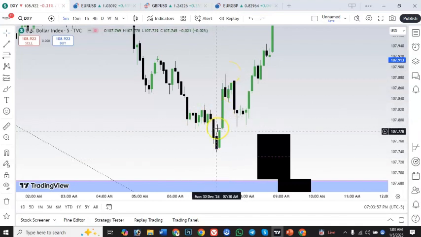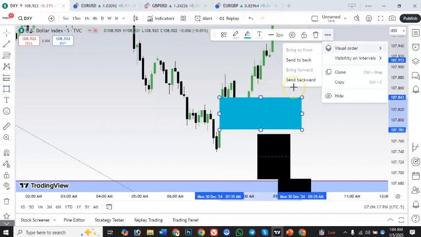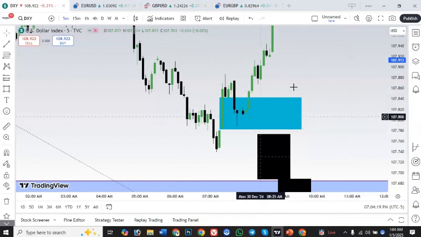From this shape to this place is a fair value gap. Those of you that watched the previous lecture can see what I talked about, a fair value gap. So this is a fair value gap. You can see right there.